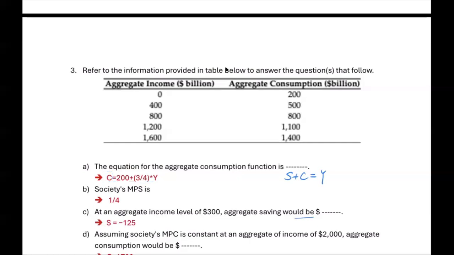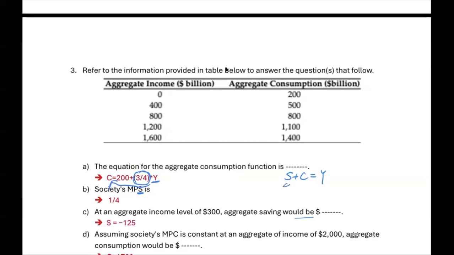So now what's the society's marginal propensity to save? There's a small trick because here the slope is what? It is the marginal propensity to consume, right?